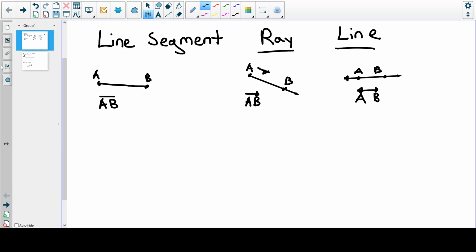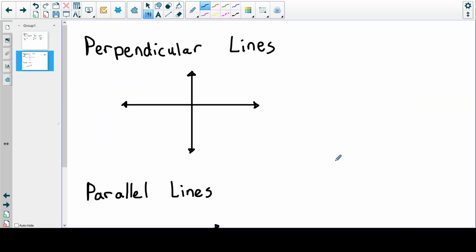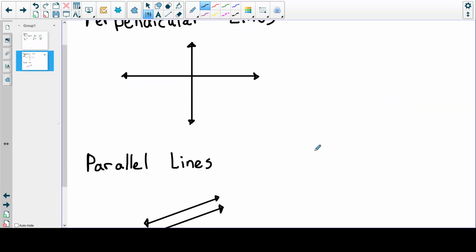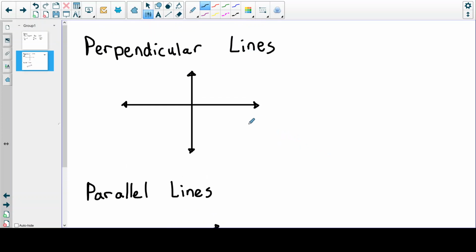These are what you'll encounter in geometry. Next is really where we start doing the geometry part, which is perpendicular lines and parallel lines. Perpendicular lines are lines that intersect at a 90-degree angle. The biggest thing with this: remember in algebra 1 where we have the definition of a line, y equals mx plus b.